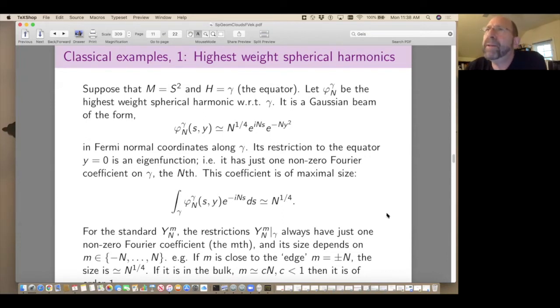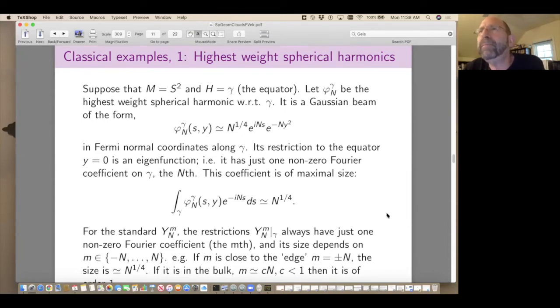So it's like a laser beam around the geodesic. This is in some sense another motivating example. When people study the periods of eigenfunctions, they restrict them to the submanifold, and then they integrate.